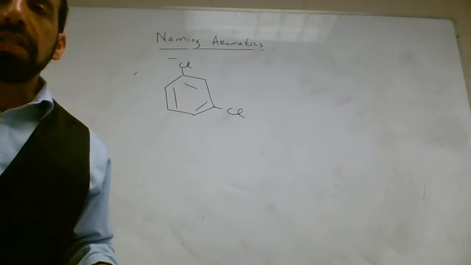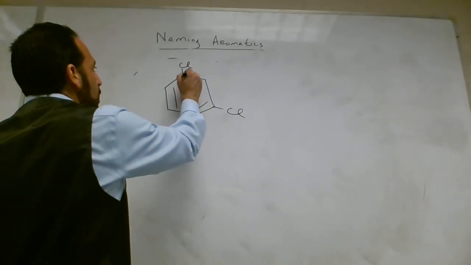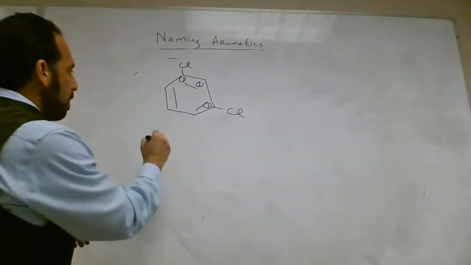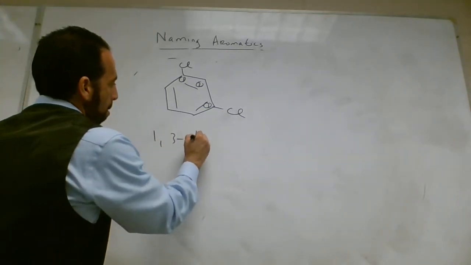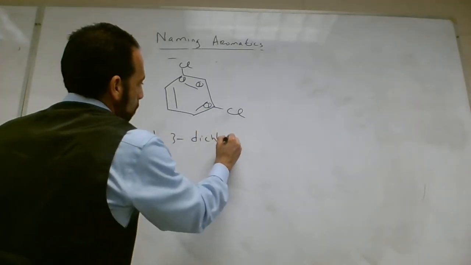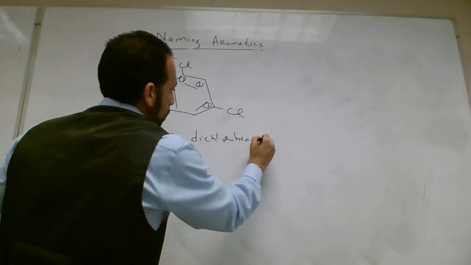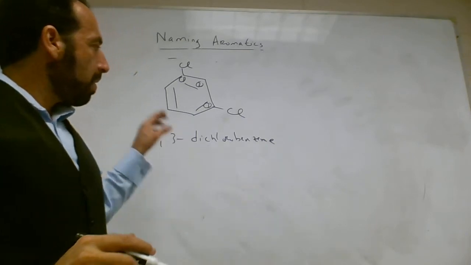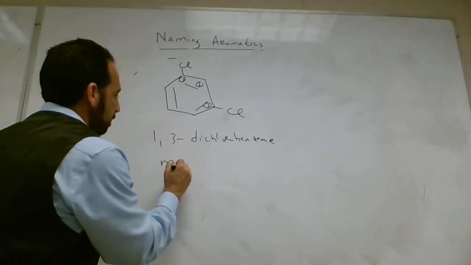Say I have 2 chlorines on there. So 1, 2, 3. I could call this 1, 3 dichlorobenzene. Now I can also call this meta.